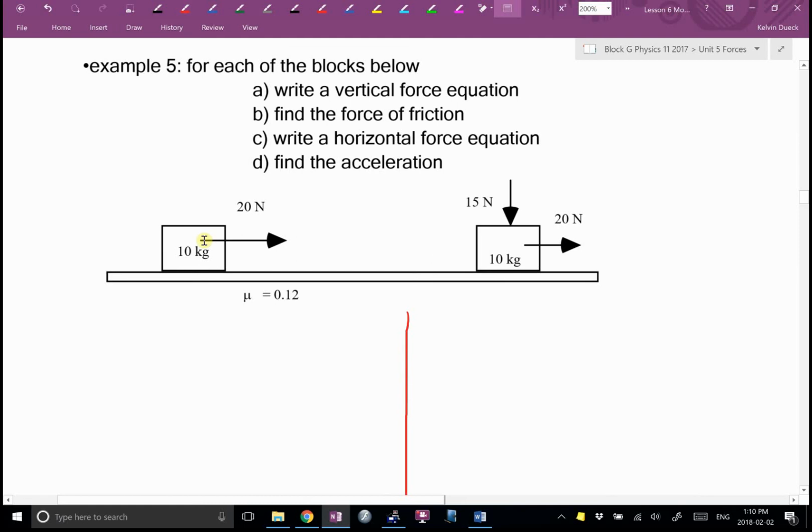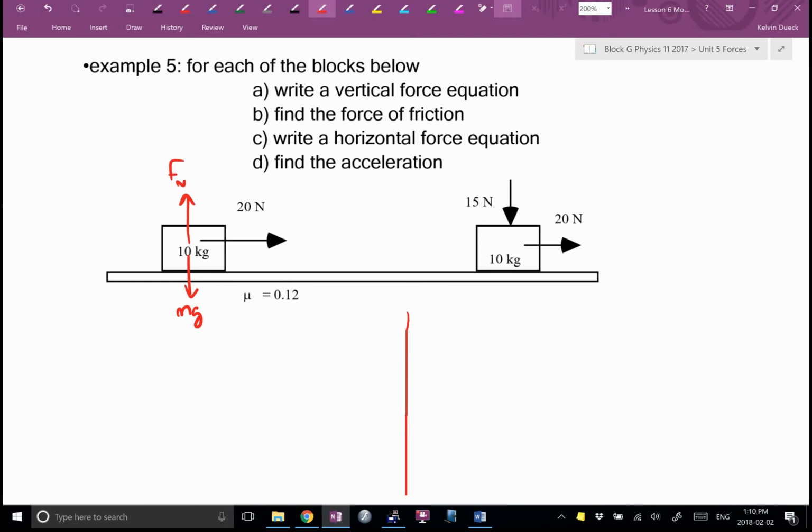What are the forces acting in the first one on the 10 kilogram mass? Everybody get the obvious one, mg. Are we sinking into the ground like quicksand? Are we flying through like Superman? I'm pretty sure the normal force must be the same size as mg because I don't see any other vertical forces. If we're not sinking into the ground or flying through the air, everything up has to equal everything down. Okay? What else?